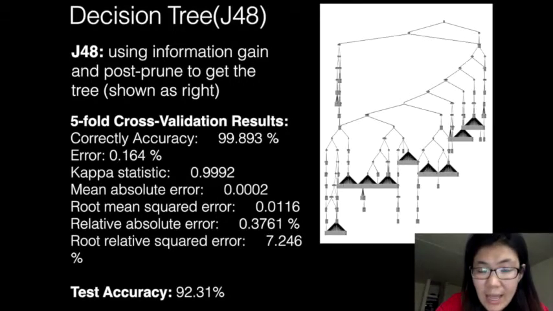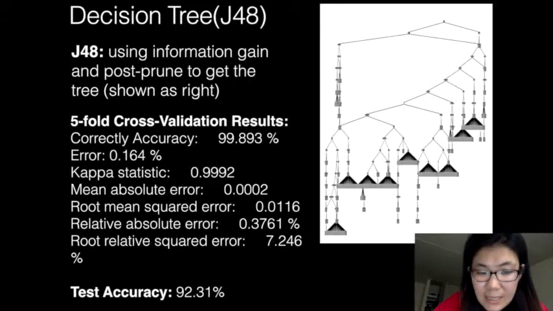In the figure on the slide, you can see the result of the trained decision tree. There are many attributes, and each node represents an attribute. Here are the four-fold cross-validation results. The correct accuracy is 99.89%. The error is 0.16%.